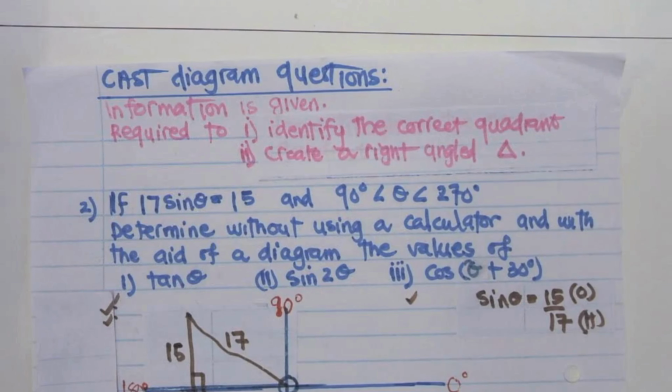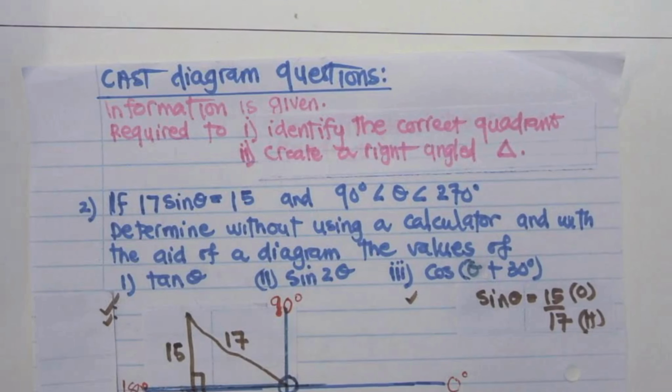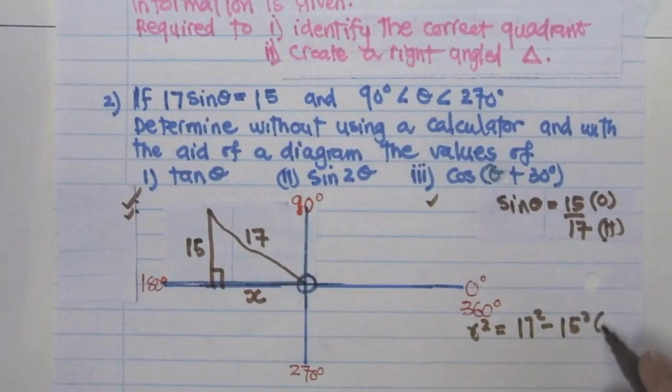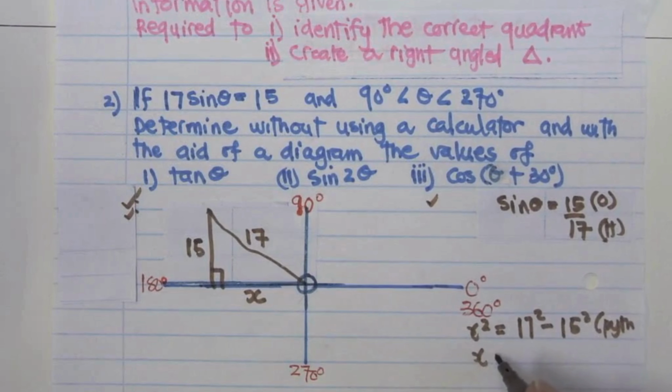In order for me to find the unknown side, I'm going to use the theorem of Pythagoras. So I'm going to write it here. x squared is equal to 17 squared minus 15 squared. And x squared is equal to 64 after simplifying.